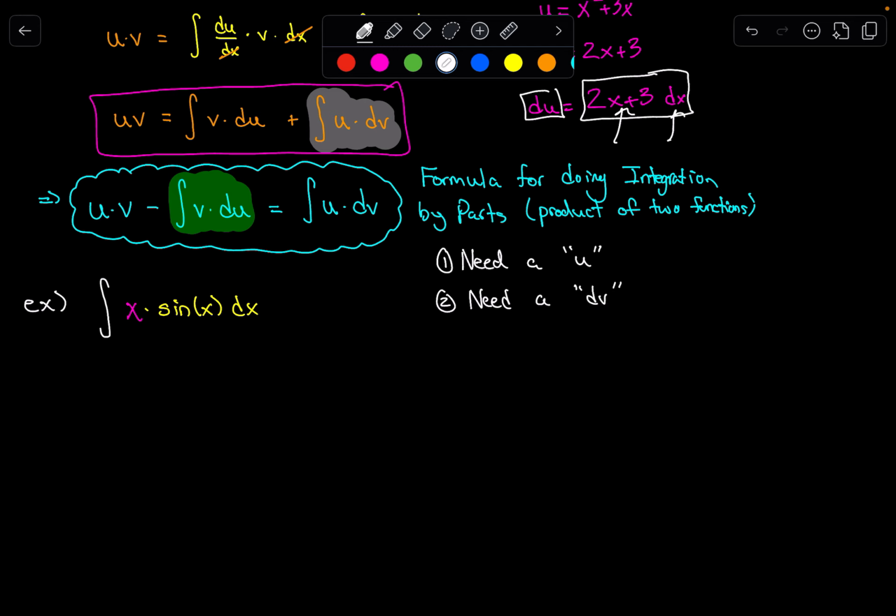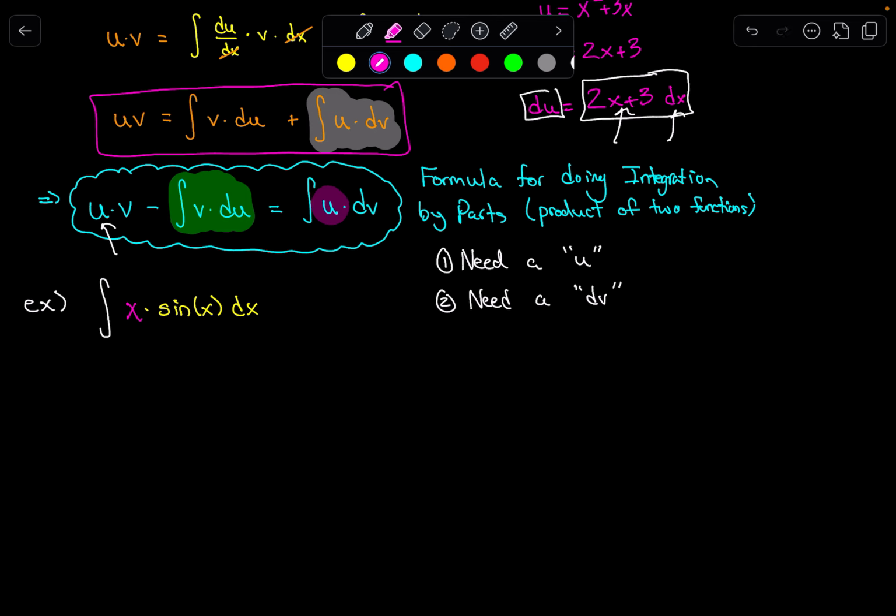But the idea is, if I have the u and I have the dv, then I just need a few more pieces to really make this formula work. And so what does that mean for the context of this problem? Let's just roll with it for a second.